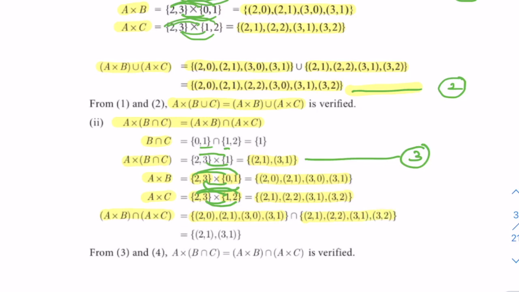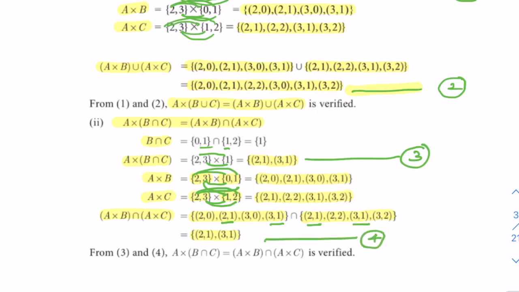Intersection: we have to find the common elements of these two sets. So let us find the ordered pairs which are common to both the sets. So (2,1) is common and (3,1) is common. Therefore, A cross B intersection A cross C is equal to a set with ordered pairs (2,1) and (3,1). Let us name this equation as equation 4.